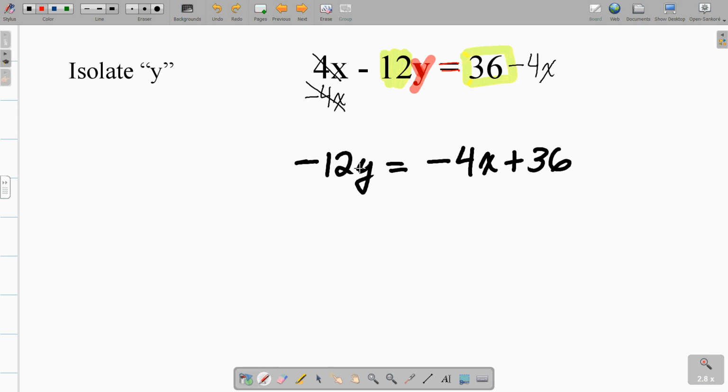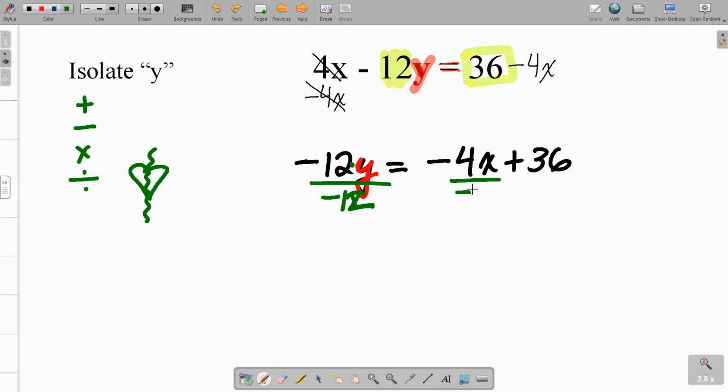So we're dividing the date, and the date's going to come over here, and she's going to gossip to every single individual what a horrible date this was. So we've got y equals negative 4 over negative 12x minus 36 over 12.